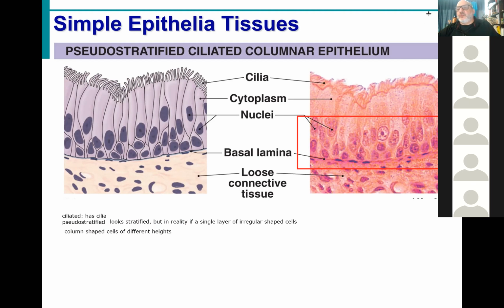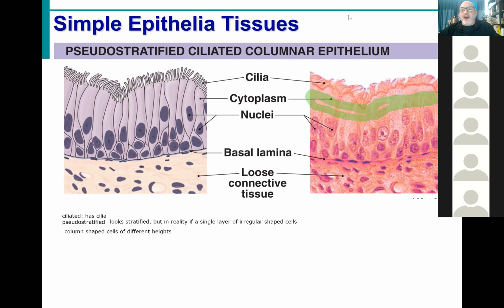So what you really want to focus on is the apical surface. When we focus on the apical surface, there's a couple things you're going to notice about the pseudostratified columnar. One is notice there, while there are many layers of nuclei, there really aren't a lot of nuclei up near the top.